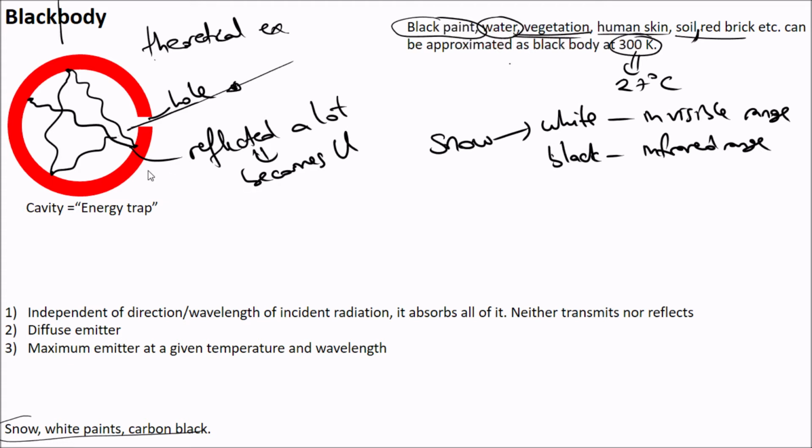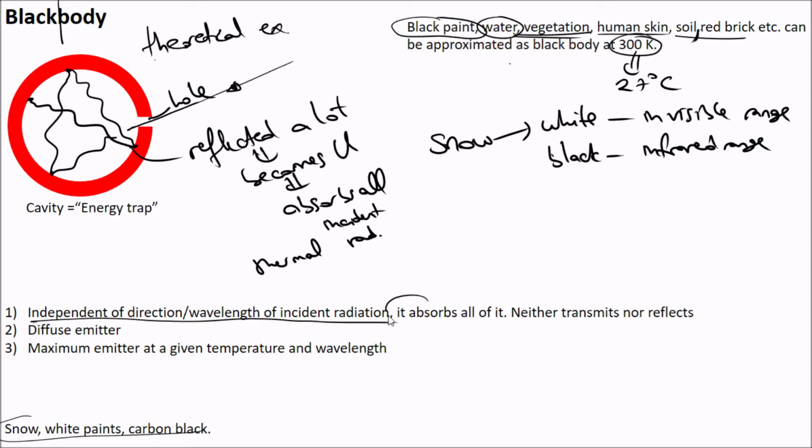So this means that whatever ray is incident on the body, it absorbs all of it. It absorbs all incident thermal radiation. Therefore, the first property of the black body is valid here. Independent of direction or wavelength, it absorbs all of it, and it doesn't transmit.